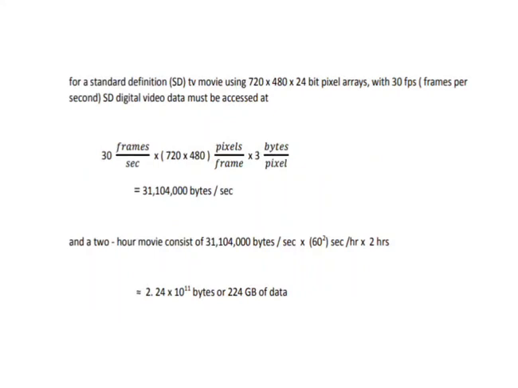And a 2-hour movie consists of 31,104,000 bytes per second times 60 squared seconds per hour times 2 hours, which is nearly equal to 2.24 times 10 raised to 11 bytes, meaning 224 GB of data.